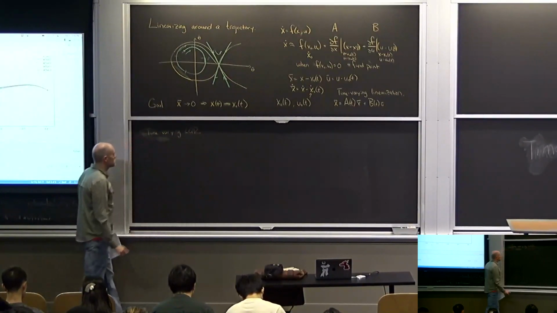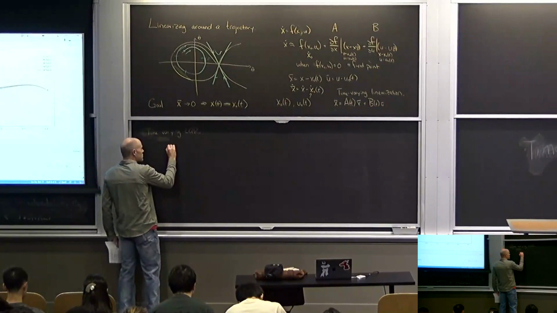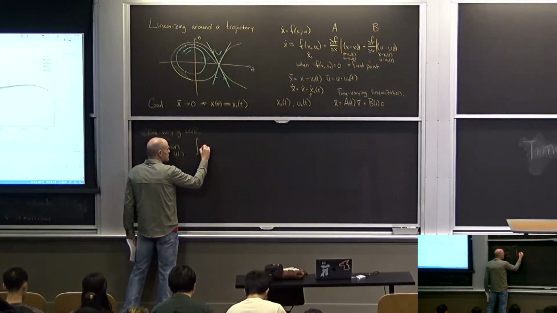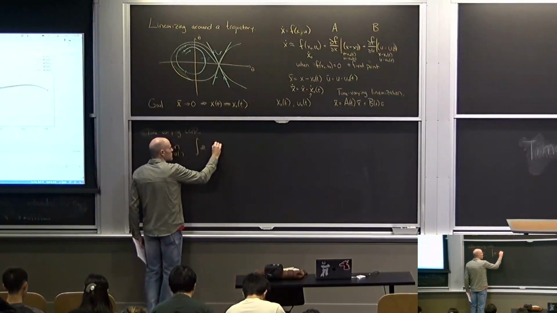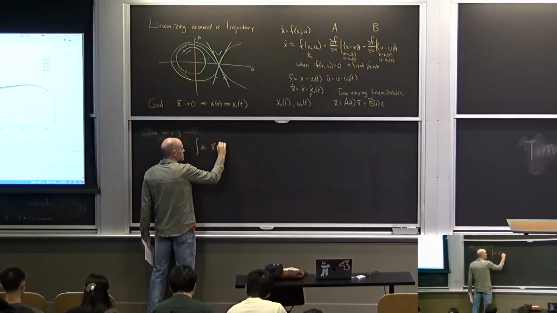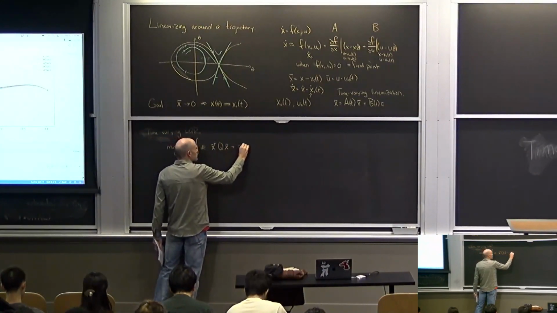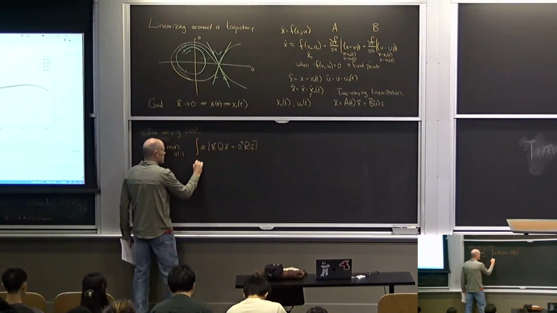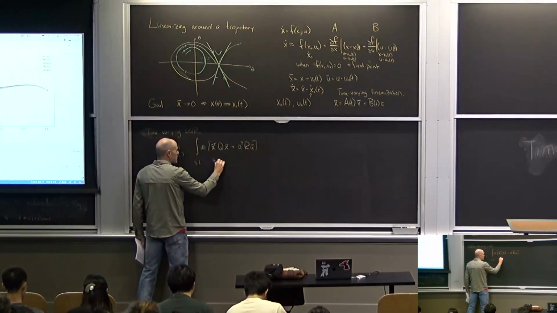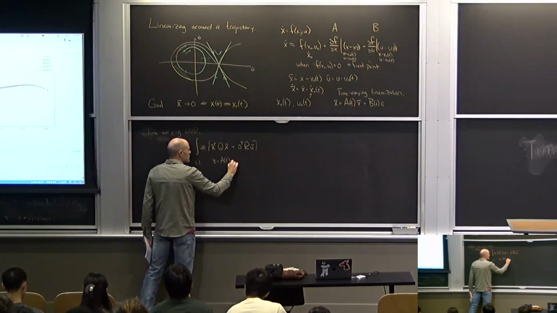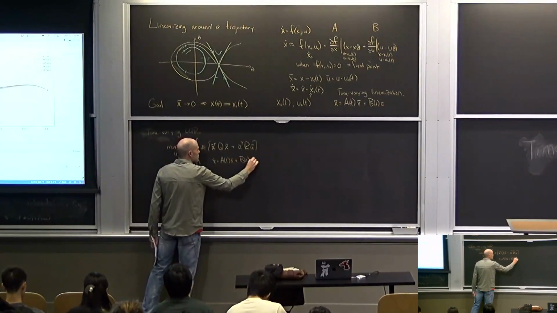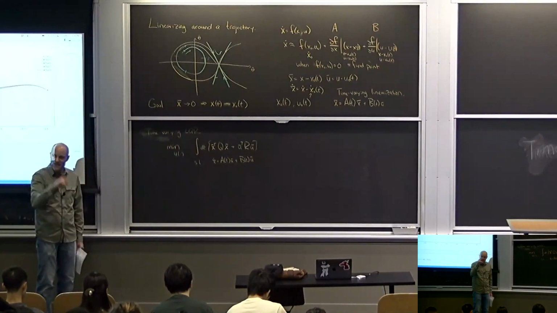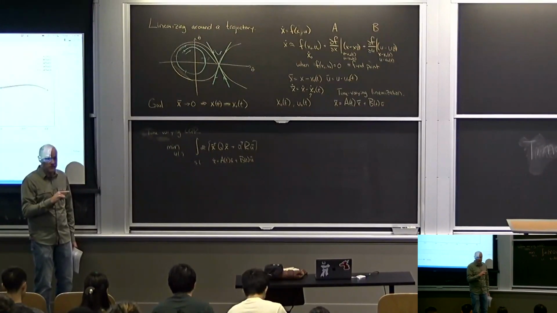I'm trying to find the min over some trajectory of some cost function x bar transpose Q x bar plus u bar transpose R u bar, subject to x bar dot equals A of t x bar plus B of t u bar. Then the derivation we did before, if you just carry that t everywhere, is almost identical.